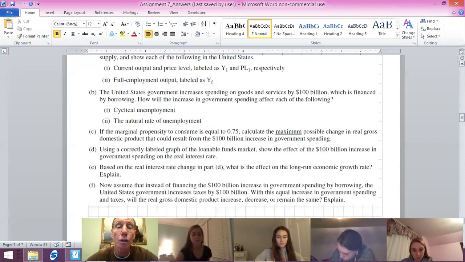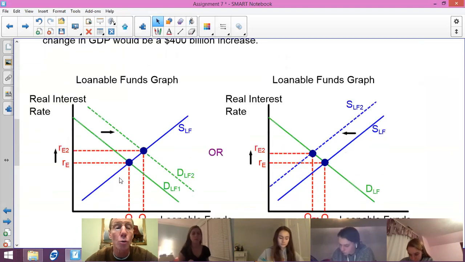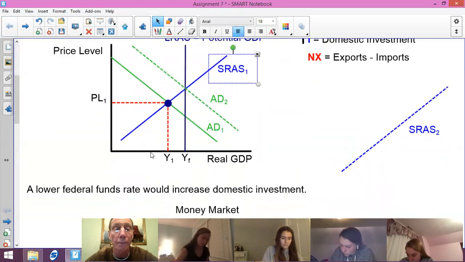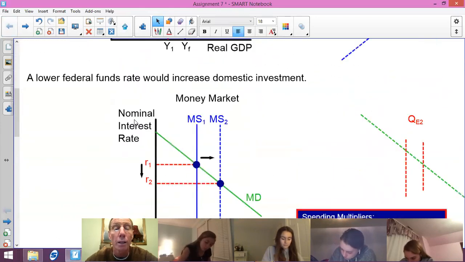So don't get confused between the loanable funds market, which has the real interest rate right here on the vertical axis, and the money market graph, which has the nominal interest rate. The difference is this does not calculate in inflation.